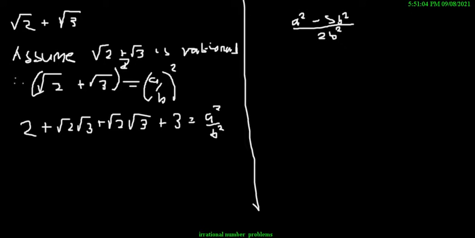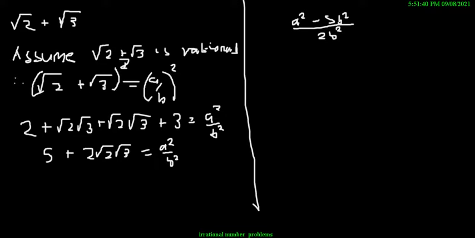So we can simplify this: 2 plus 3 is 5, plus 2 square root 2 times square root 3, which is equal to a squared over b squared.